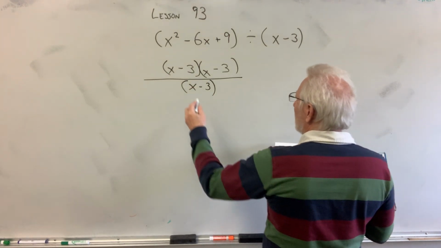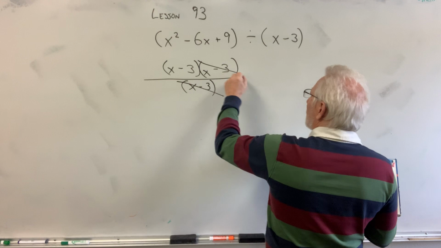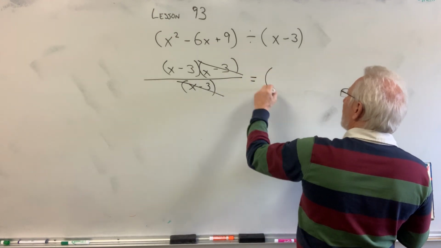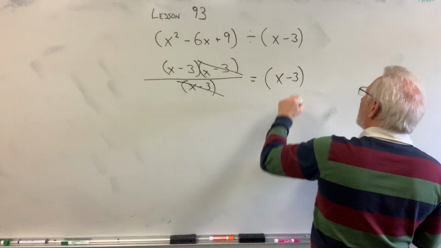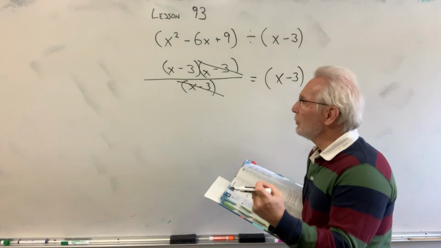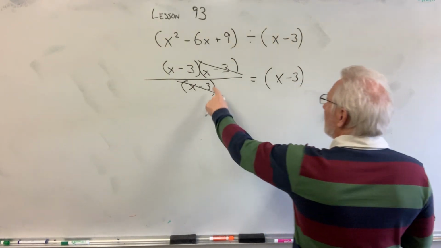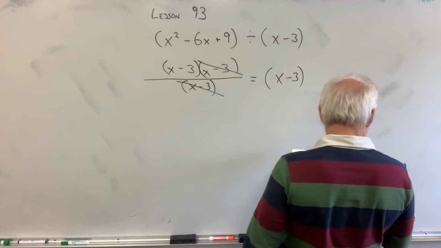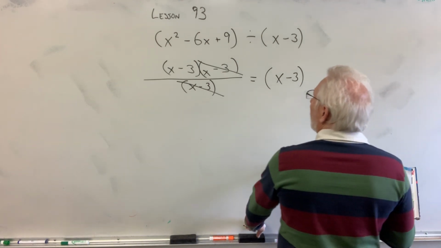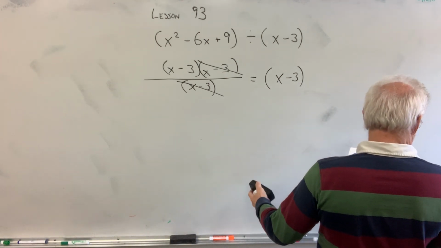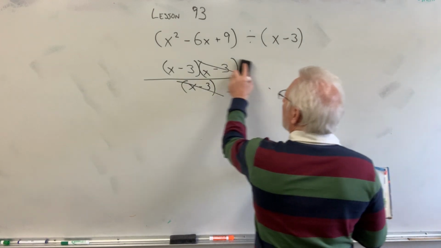Oh, life is good. Cross that out, get left with x minus 3. There's that moment you get when you say, aha, I see it. I know I did it right because it's coming out just the way it's supposed to. That is example A.